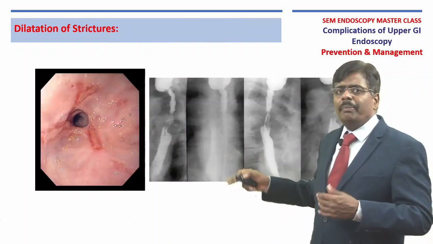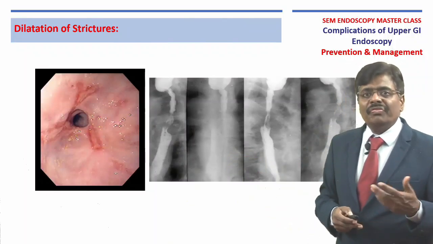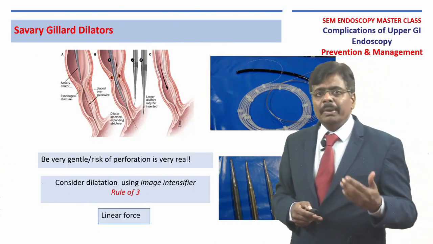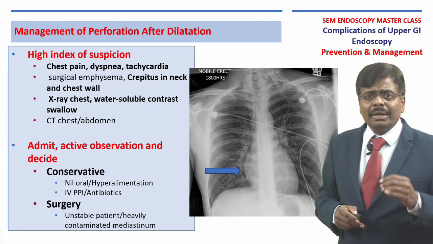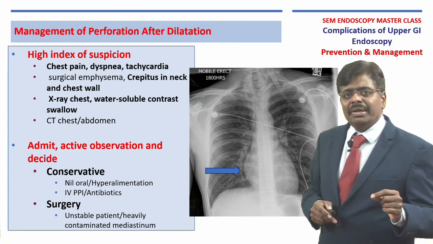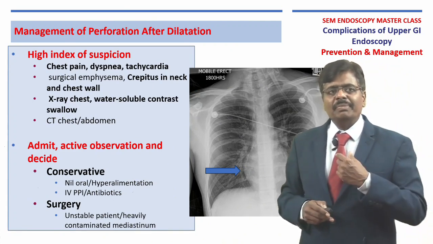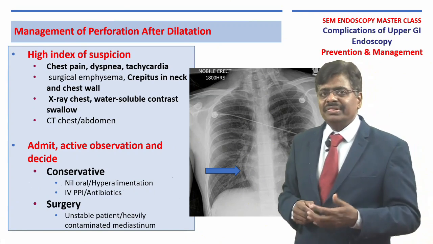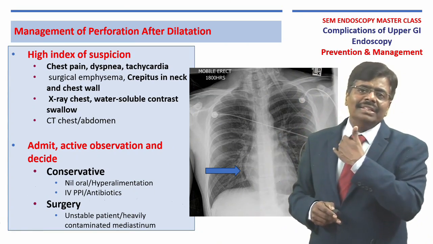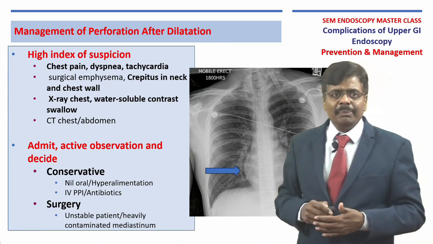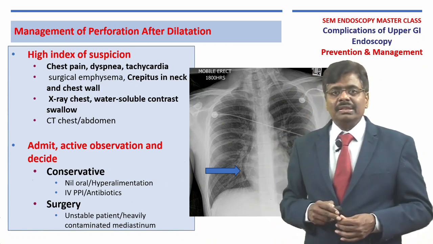Coming to the dilatation of a stricture, as I said earlier, when you do not breach what I call the rule of 3, undue force is not exerted. But occasionally, if the patient post procedure develops chest pain, complains of dyspnea, or has tachycardia, or if you put your hand on the neck and chest and they have crepitus, then you need to suspect a perforation.